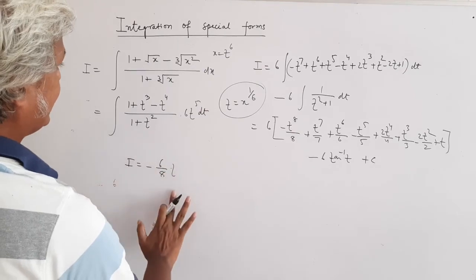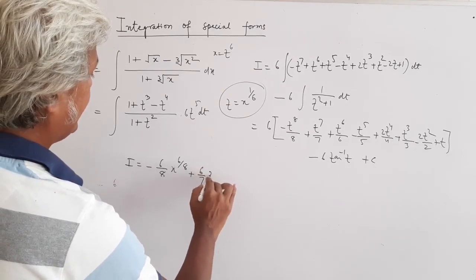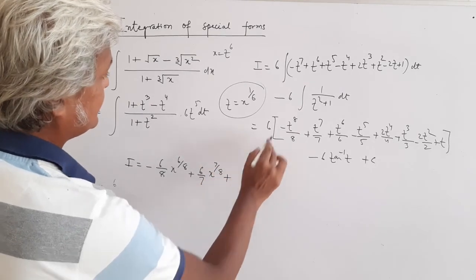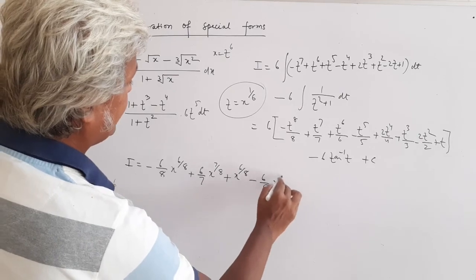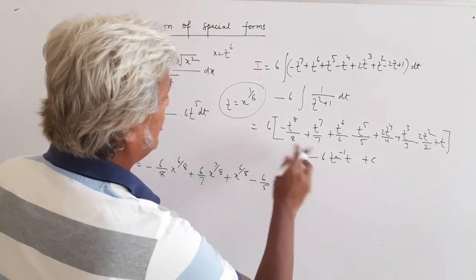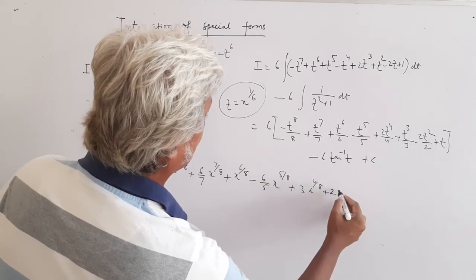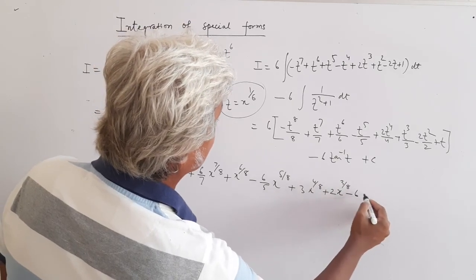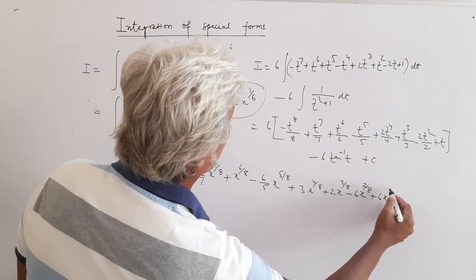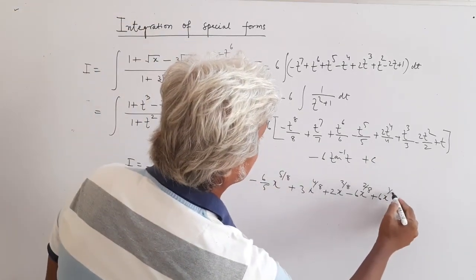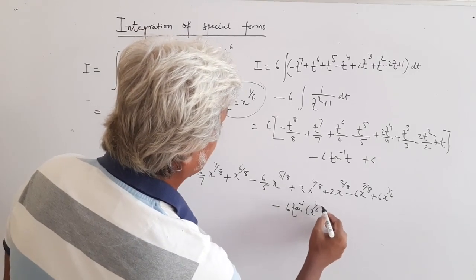So this is x to the power 6 by 8, plus 6 by 7 x to the power 7 by 8, plus 6 by 6 cancel, x to the power 6 by 8, minus 6 by 5 x to the power 5 by 8, plus 12 by 4, 3, x to the power 4 by 8, plus 2 x to the power 3 by 8, minus 6 x to the power 2 by 8 plus t, that is 6 x to the power 1 by 6, minus 6 tan inverse t, that is x to the power 1 by 6, plus c.